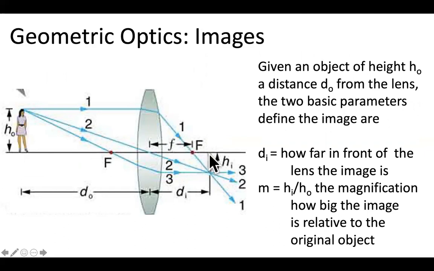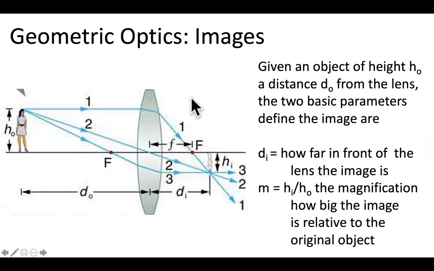Those parameters depend on both the size of the object, which is conventionally given in terms of this parameter H0 or H object, and where that object is relative to the lens, which is this distance D0. So we have an object of some height, H0, and some distance D0 from the lens.